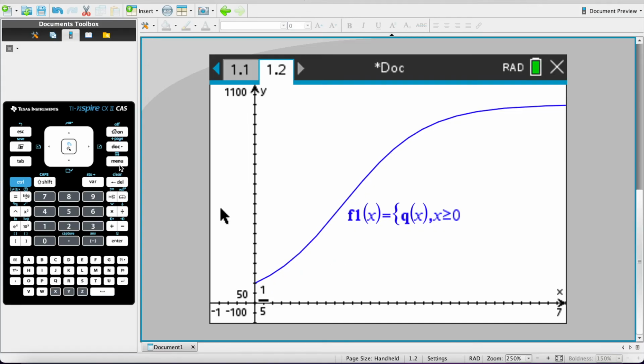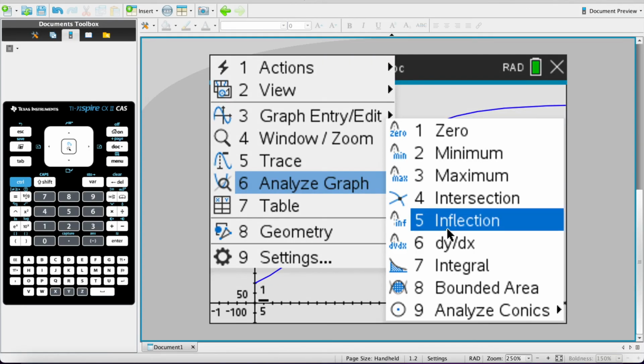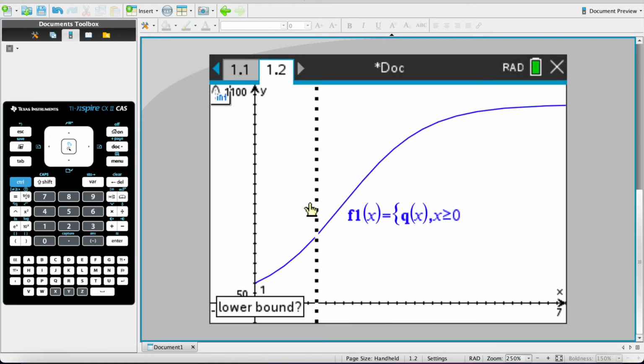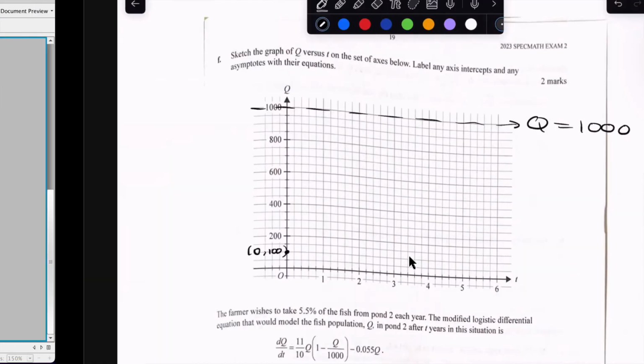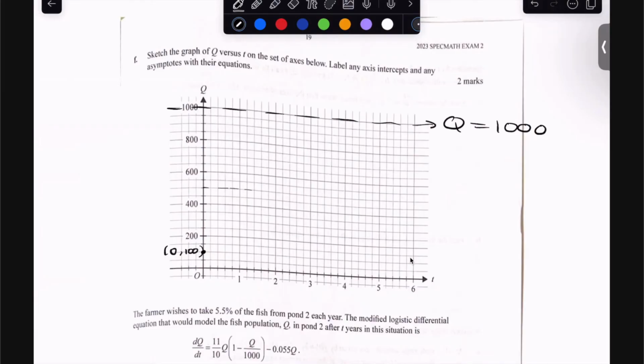We can find that here. So analyze graph, inflection, and it was of course here. So the 1.997, or about 2, and it was 500. So 500 is here, and 2 is here. So that's our inflection point, and it looks something like that. That's all.